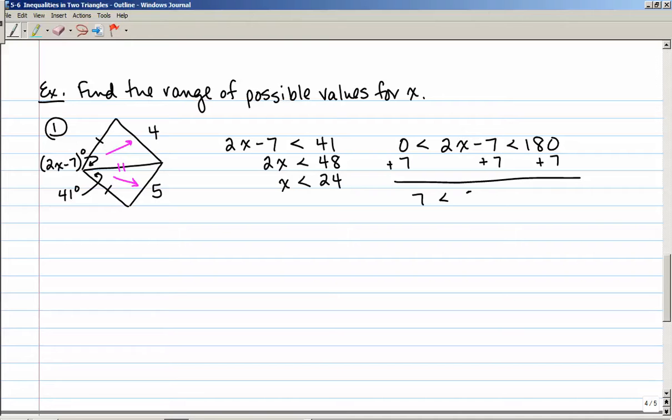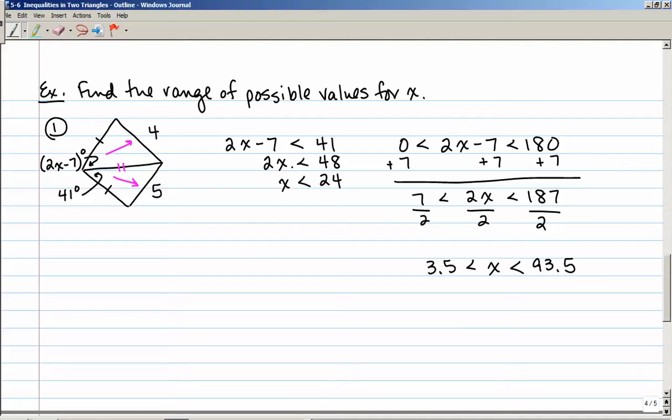So 7 is less than 2x, which is less than 187. And then dividing everything by 2, 3.5 is less than x, which is less than 93.5.